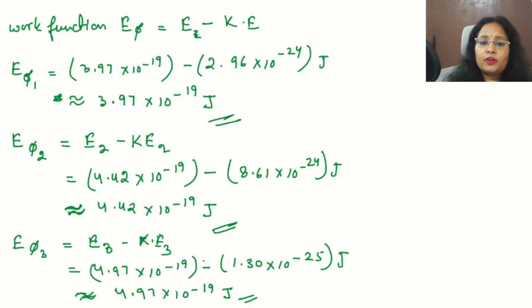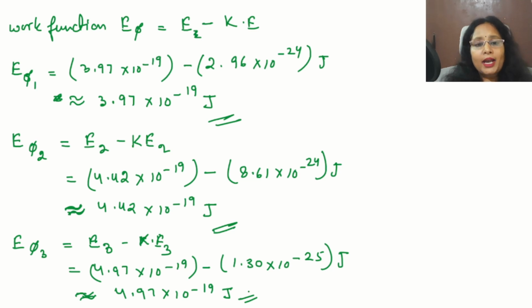Of these three work functions, for the further calculation, for the preferred wavelength, we will take the value of work function 3 because it is the maximum of the three. The work function 3 is 4.97 into 10 to the power minus 19. Why do we take the maximum value?